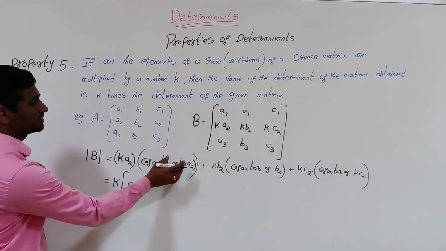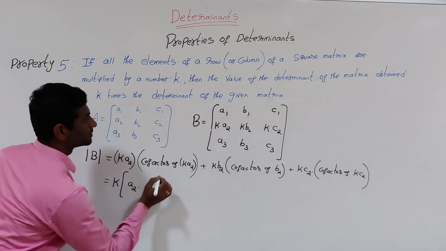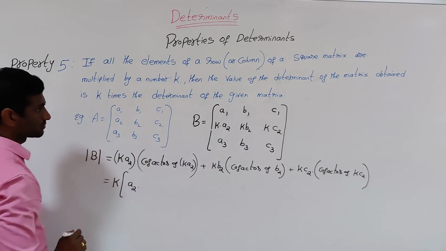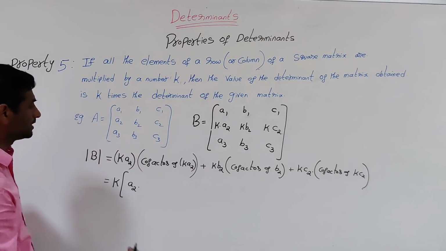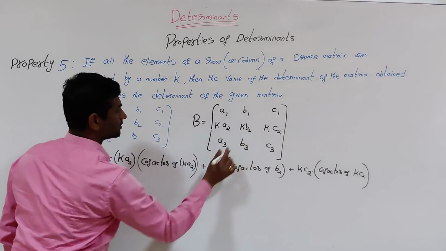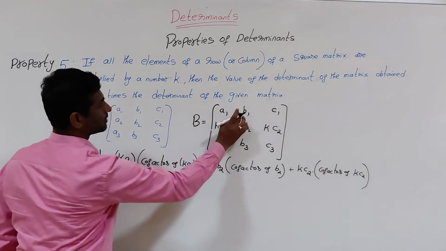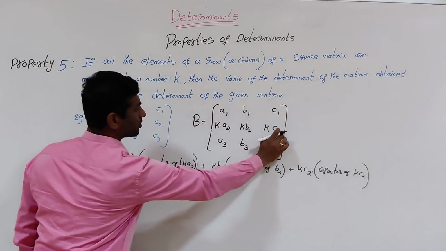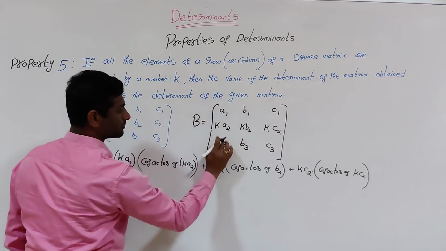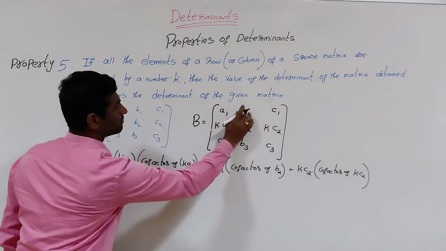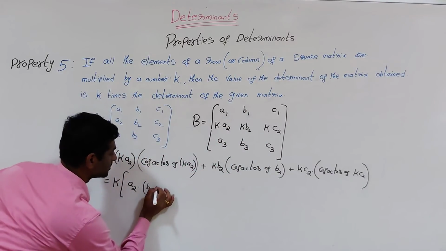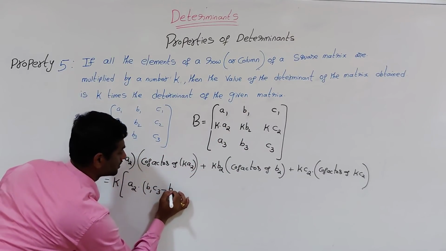So it gives the same value. So what are you getting? A2 times, after hiding the second row and first column, B1 C3 minus B3 C1.